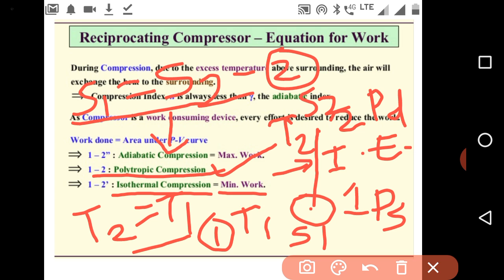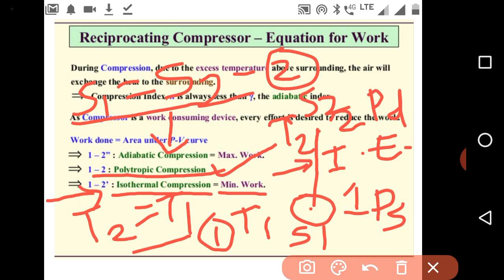So we can assume isothermal compression as an ideal compressor, and most of the time we try to approach isothermal compression, because we know that we cannot stop the increase in internal energy.